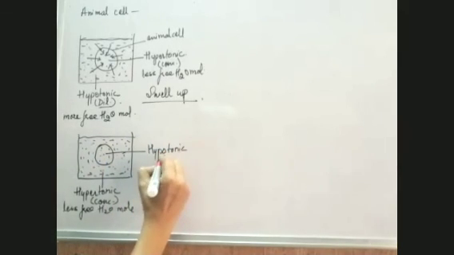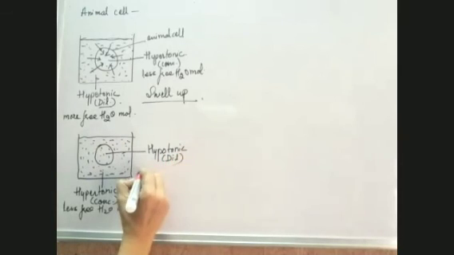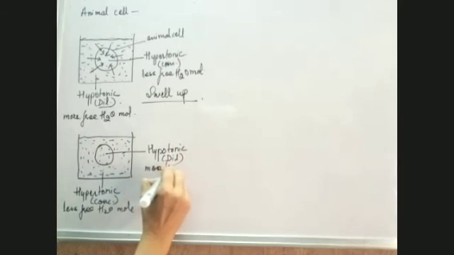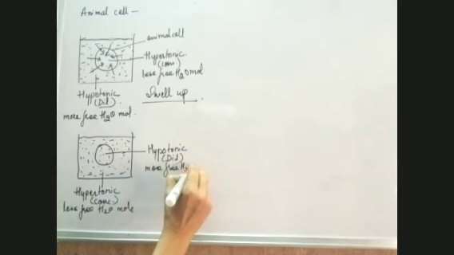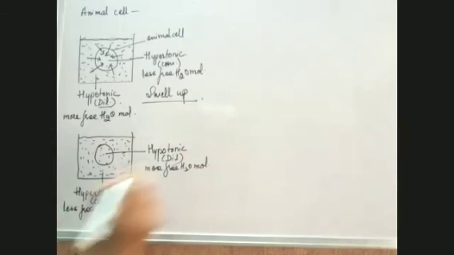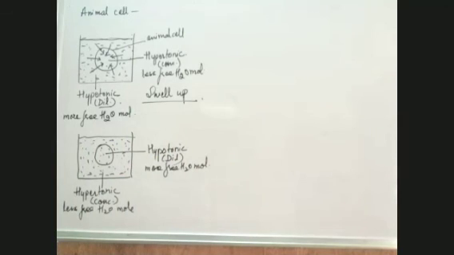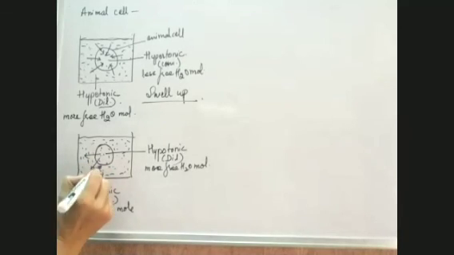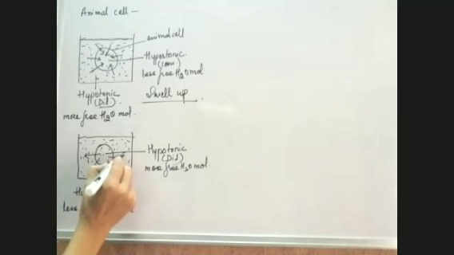That means this is dilute, and dilute has more free water molecules. Now, in this case, how will the osmosis take place? In this case, the free water molecules are more inside the cell. So what will happen? The water molecules from inside will start moving outside.